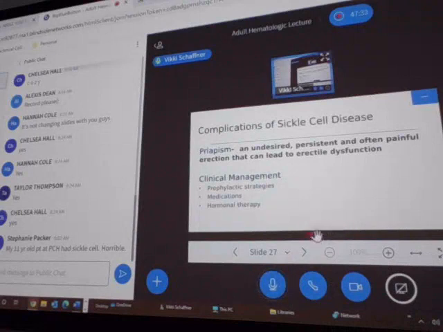Okay, let's keep going. Acute chest syndrome. This is pleuritic chest pain, fever, crackles on auscultation, pulmonary infiltrates on chest x-ray. What we do for this is, again, analgesia sufficient to reduce the respiratory hypoventilation. Because are you going to take full deep breaths when your chest hurts? No, you don't.